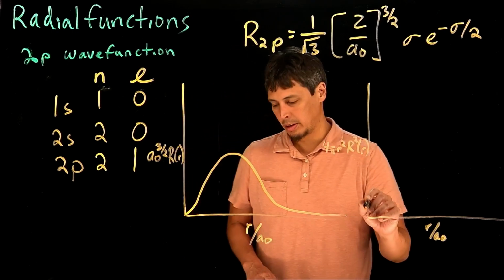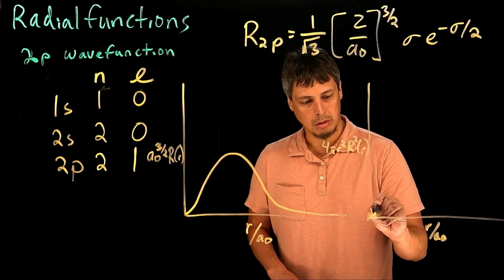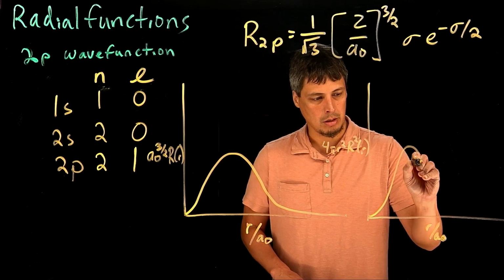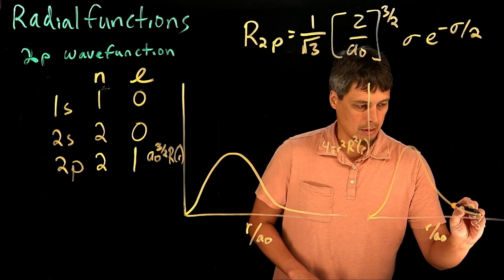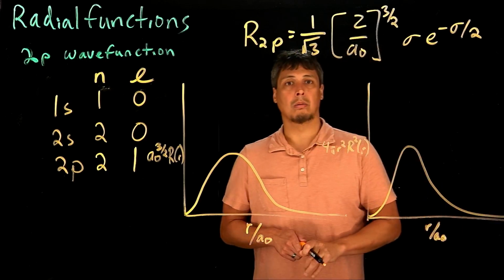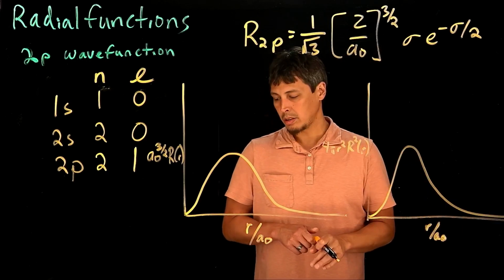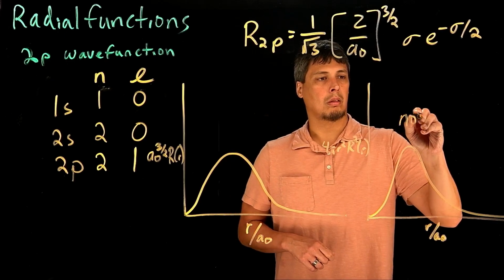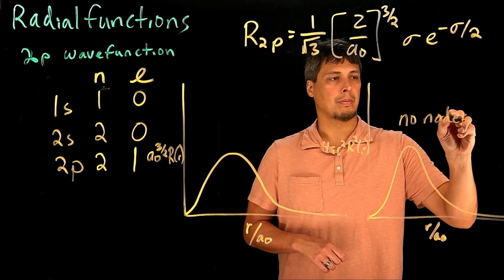If we again look at the probability distribution, where everything is squared, we see no evidence of nodes. There's no crossing point here. So there are no nodes.